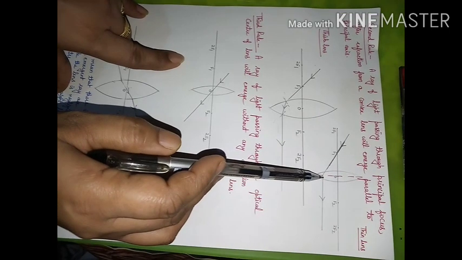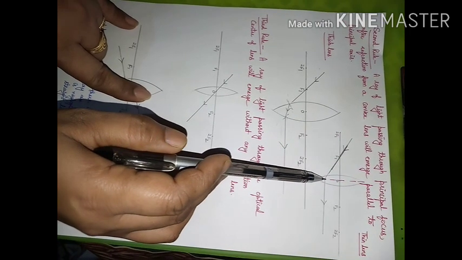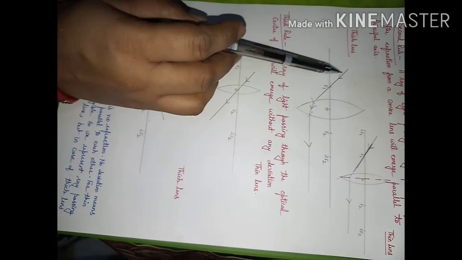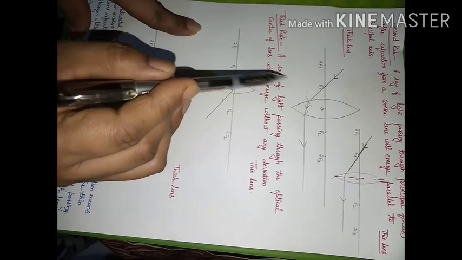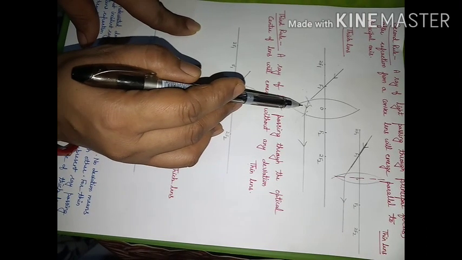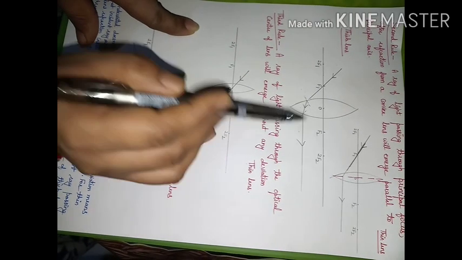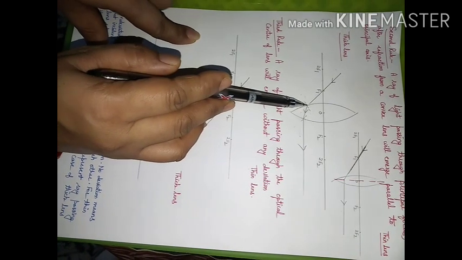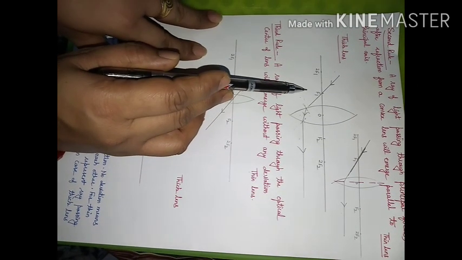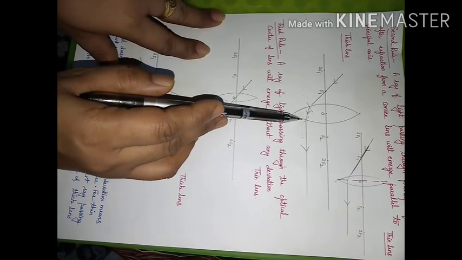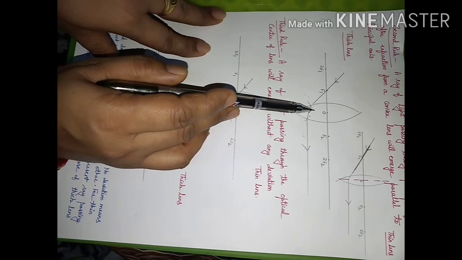If you really want to know how refraction is taking place, then we will consider this diagram. This is the incident ray of light. This is going to be air, rarer medium. This will be denser medium. This is again rarer medium. So when the ray of light falls on this face, it is entering from rarer medium to denser medium. So this ray of light will not go straight like this. It will bend towards the normal.